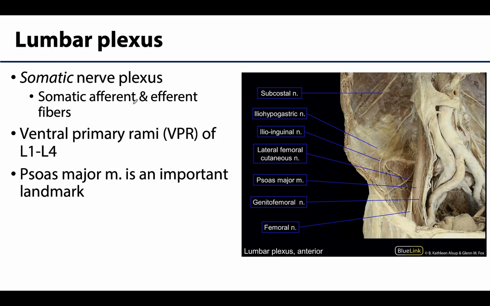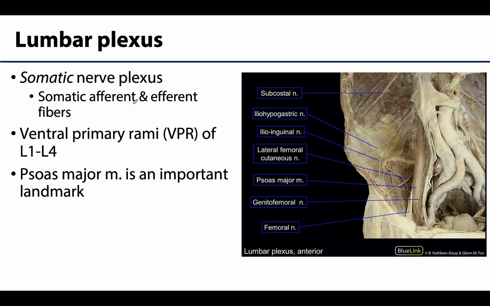So let's start with what makes up the lumbar plexus. But before I get into that, I want you to think back to other plexuses we have discussed. What were they composed of? So recall that the majority of the nervous plexuses that we have discussed so far have been composed of almost exclusively autonomic fibers.